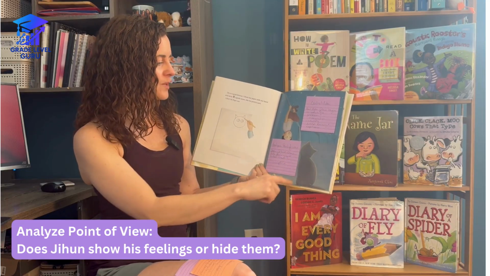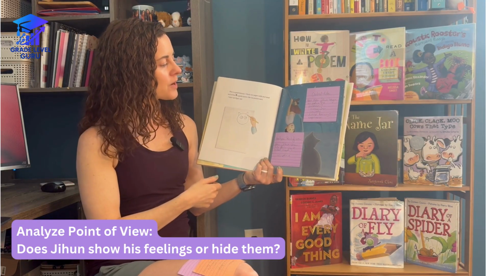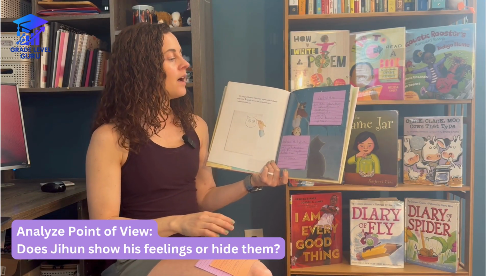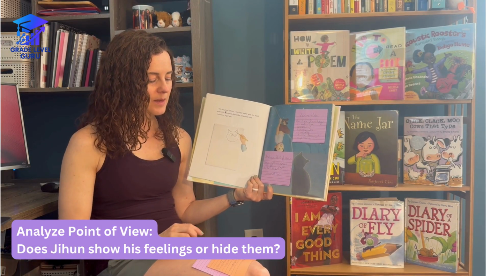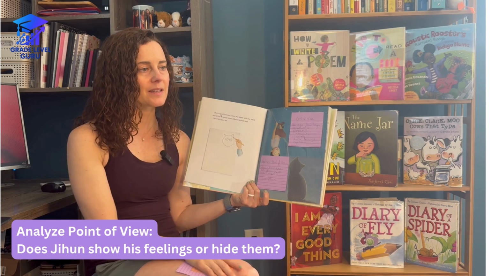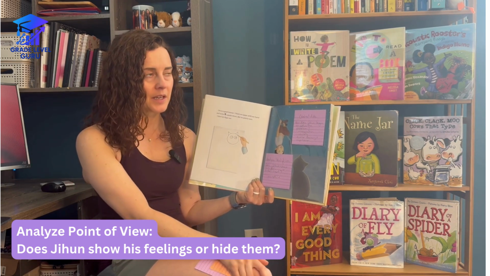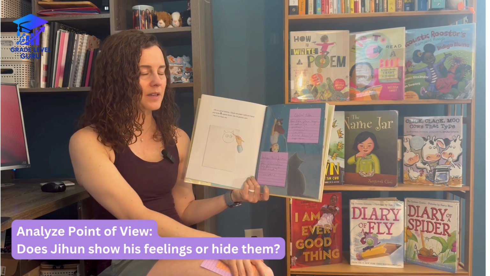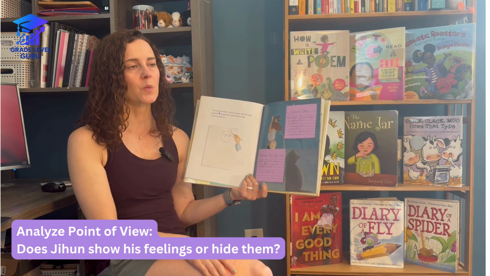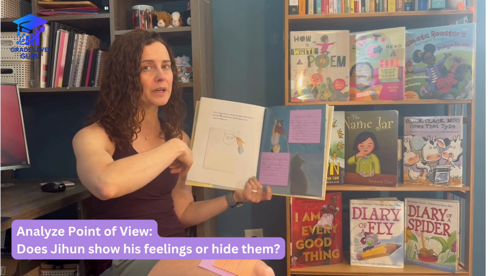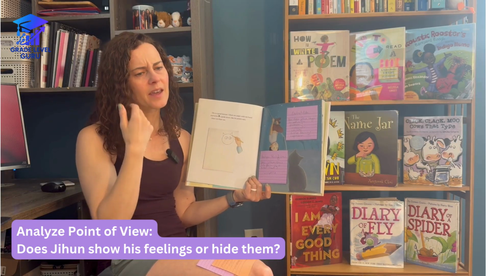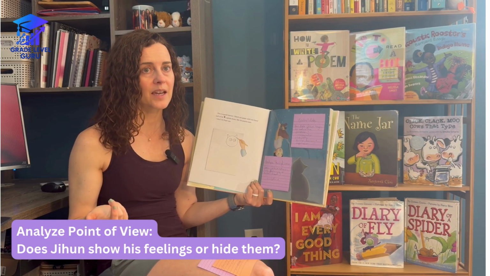Next question, analyze point of view. Does Jihun show his feelings or hide them? He hides them. So this gets to the theme of friendship and acceptance. He doesn't feel like he has friends. He does not feel like he is accepted by his peers yet. And he shows this when there's this kid sitting next to him in the class, and he tries to hide his work because the kid sitting next to him is like, hey, you're drawing a picture, you're not doing the assignment.